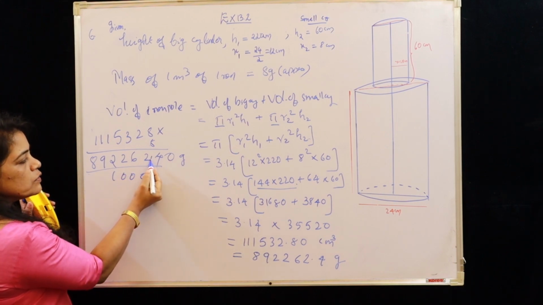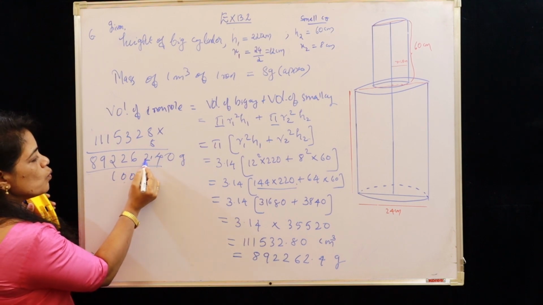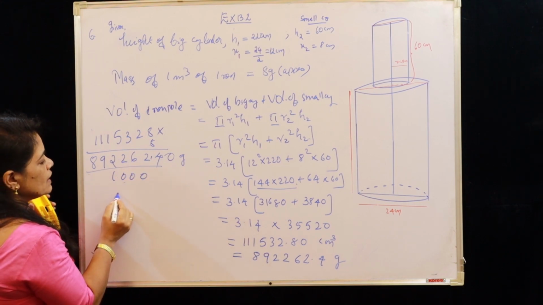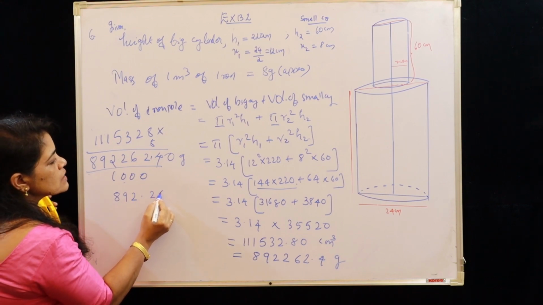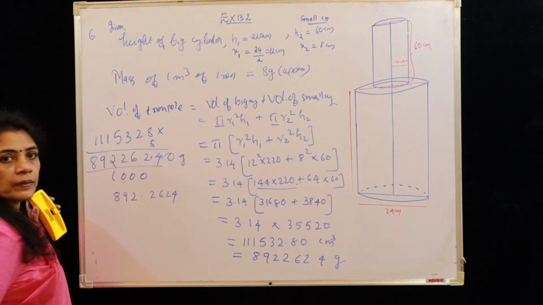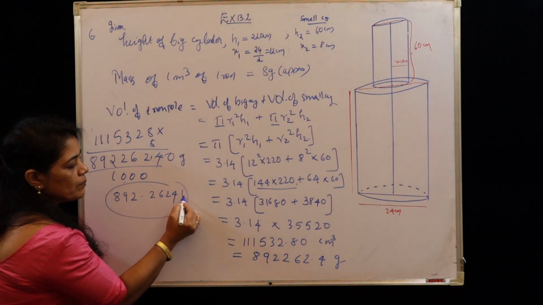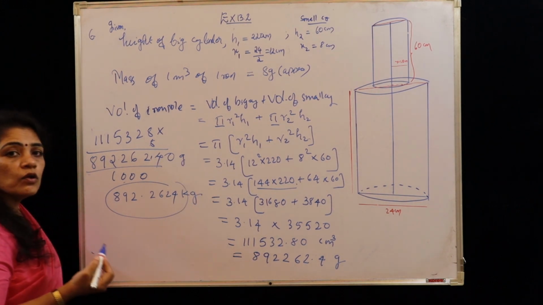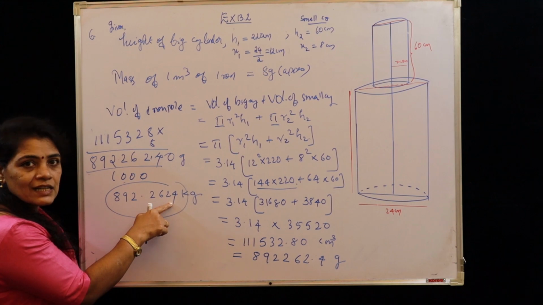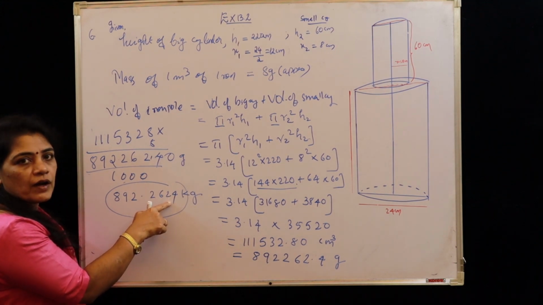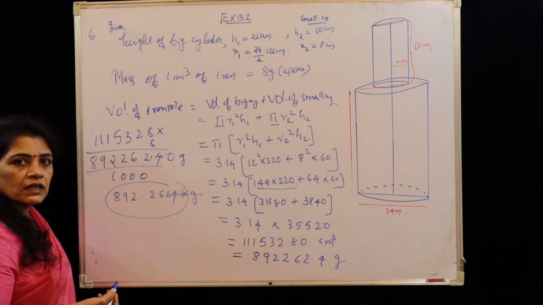Dividing by 1000 means you have to shift the decimal point to the left side by 3 places, that means 1, 2, 3. That gives 892.2624. Then we can round off to 2 decimal places, so you look at the third decimal place, which is less than 5, so you can neglect the third and fourth decimal places.